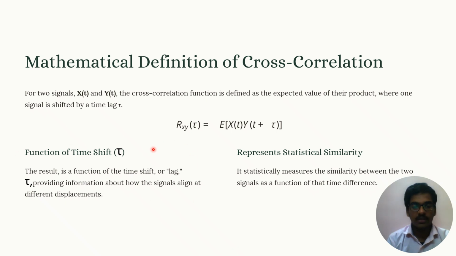So a function of time shift tau means the result is a function of the time shift, which is tau, or we can call it a dummy variable or lag, providing information about how two signals align at different displacements. So we can represent statistical similarity using this mathematical expression.